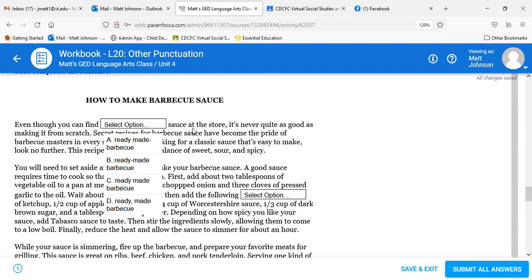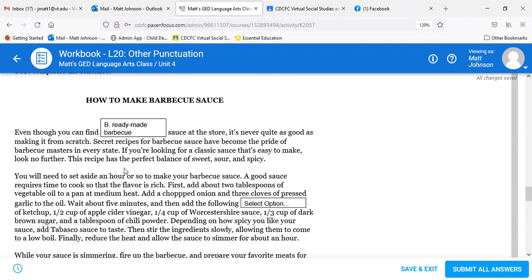Is it A? B, we're going to modify ready-made and combine that together. So even though you can find ready-made barbecue sauce at the store, it's never quite as good as making it from scratch. Secret recipes for barbecue sauce have become the pride of barbecue masters in every state.